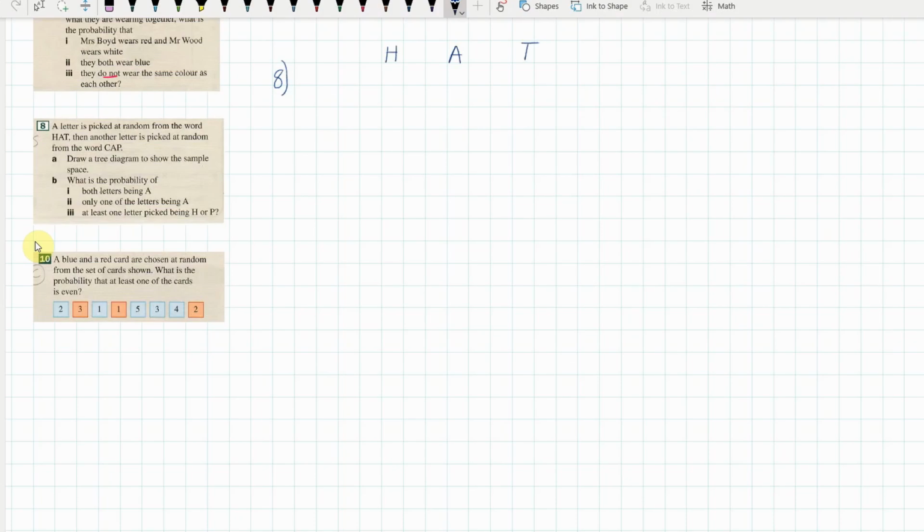I think that would be easier. There we go. So we can have CH, CA, CT, AH, AA, AT, PH, PA, PT. So here's my sample space diagram.